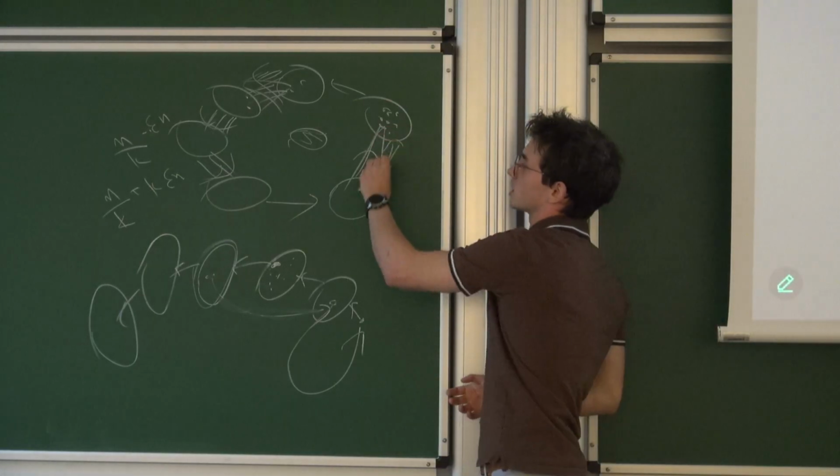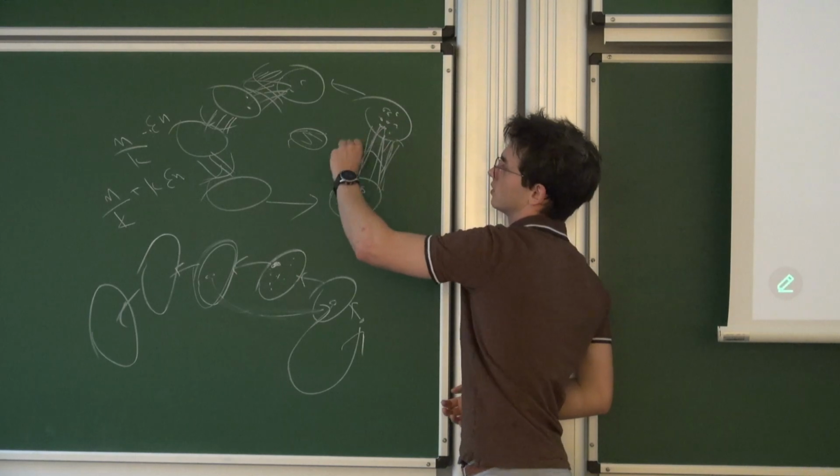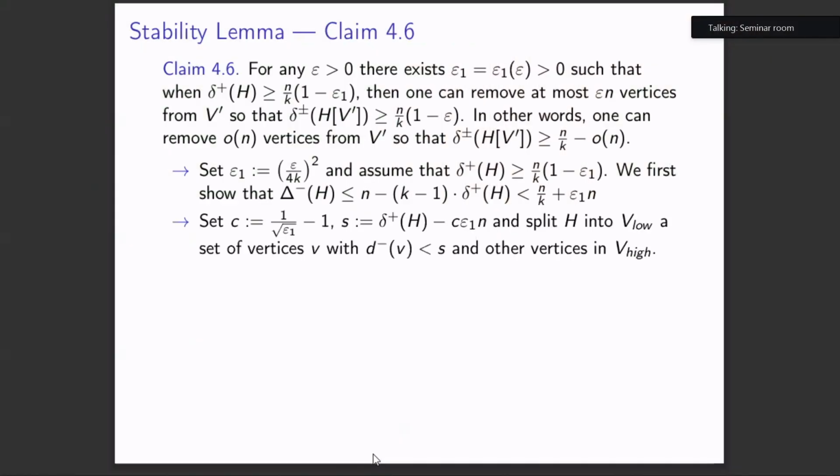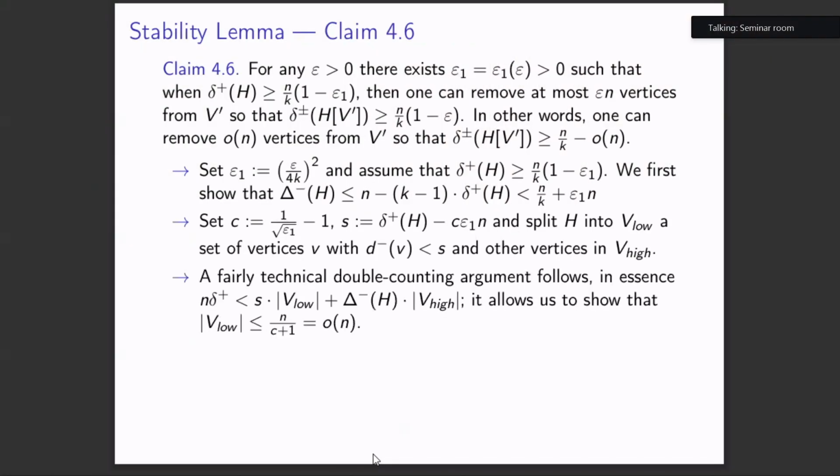And we know that almost every edge exists. This implies that if we do some double counting, we can show that the number of vertices with a low integrity is very small.